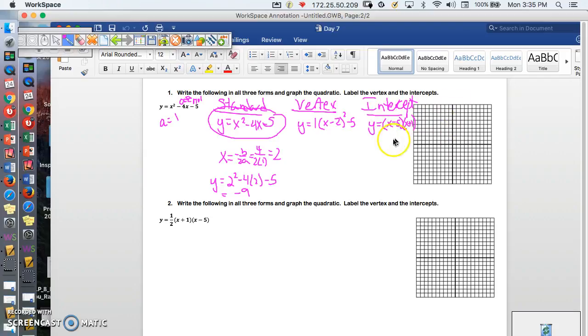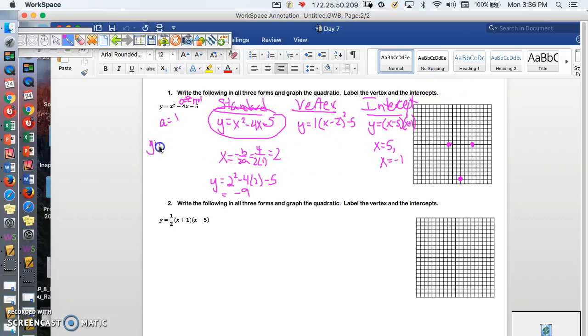So if we're to graph this, where are our intercepts? Well, x is 5 and x is -1. And we know our x is 2, and that makes sense, that's right in the middle of 5 and -1. So 2 and -9. And then the other thing it asks for is the y-intercept.